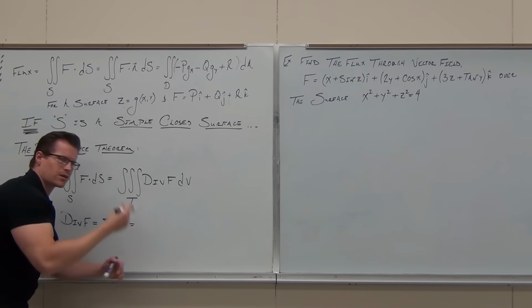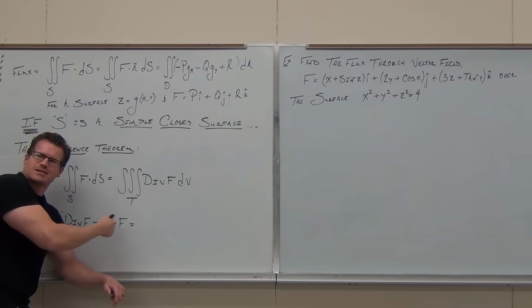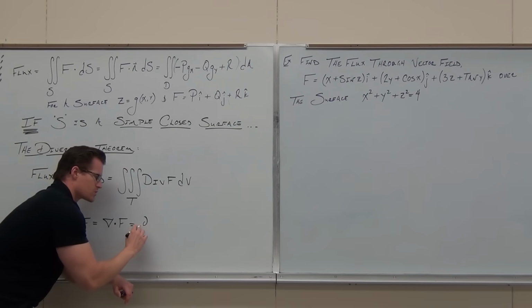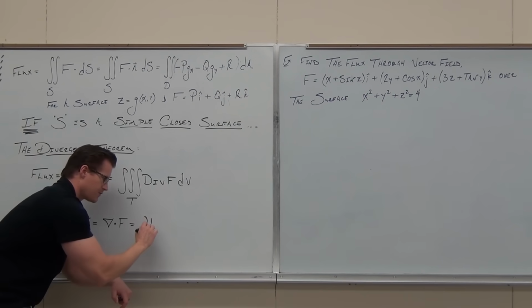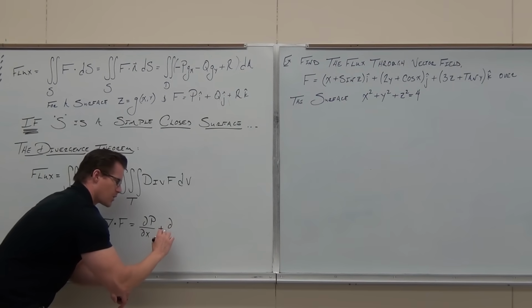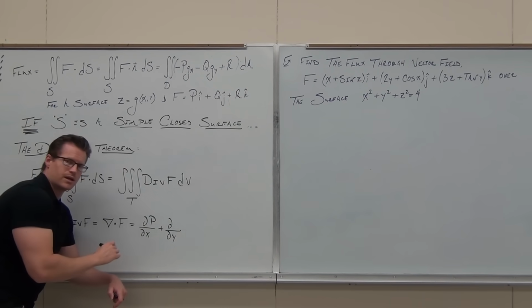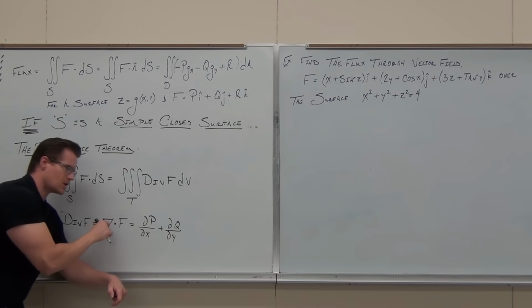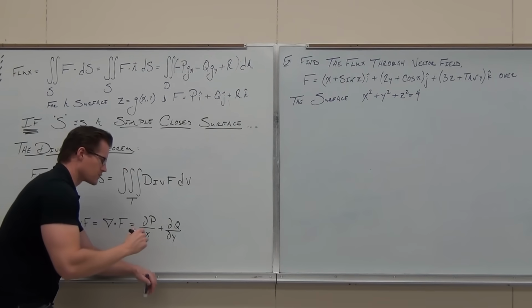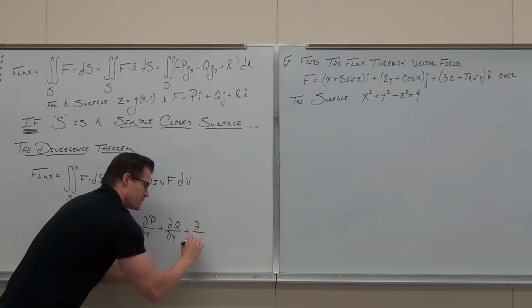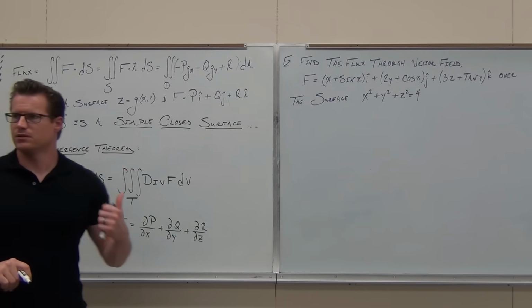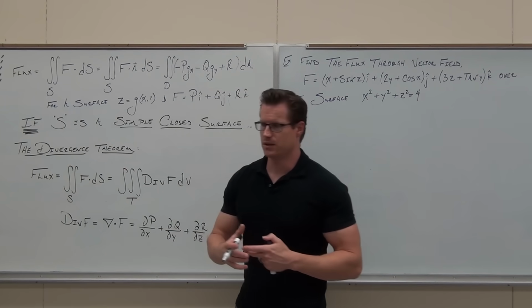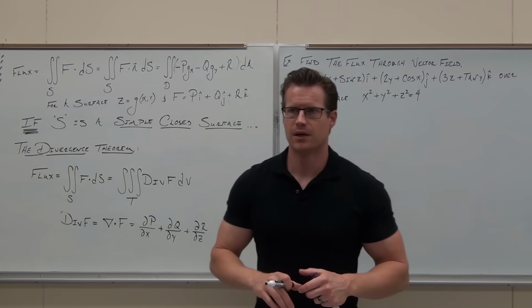So it says take the partial derivative with respect to x. Of what? Well, of the P first. Then take the partial derivative with respect to y. Of what? Well, the next thing, the Q. Because it's a dot product, it matches up the components of a vector. And then the partial derivative with respect to z of what? Well, R. That is what divergence always is for a vector field.